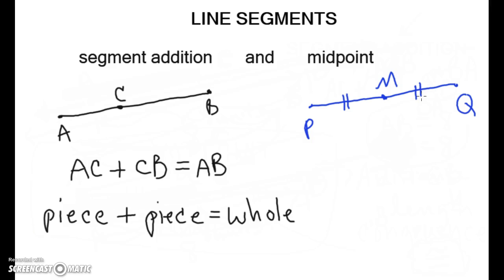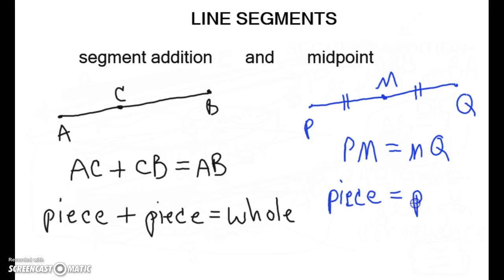Even if the picture is poorly drawn, I am reading the marks because that's how geometry plays. And the marks are telling me that those two small pieces are equal. So P to M should be equal to M to Q. And this equation is really just in the format of piece equals piece.